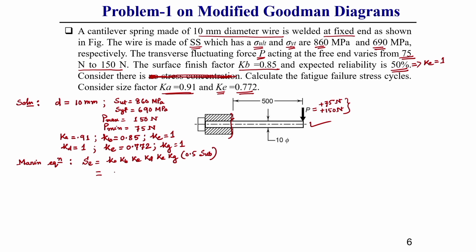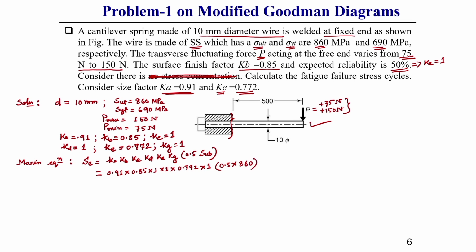So, here Ka is given as 0.9 for surface finish factor, Kb is given as size factor 0.85, Kc is 1, Kd is 1, Ke is 0.772, Kg is also 1, and 0.5, and ultimate strength is given as 860 MPa.